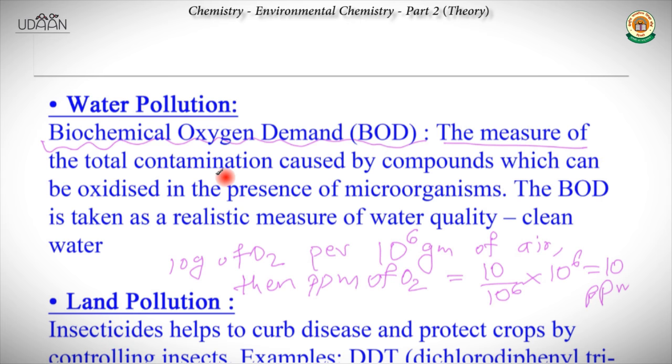So, biological oxygen demand is calculated as a cumulative thing and is given out as a single value. Now, the biological oxygen demand is taken as a realistic measure of water quality, clean water. That is, if there is greater biological oxygen demand, it implies more organisms live in the water, because oxygen requirements increase.